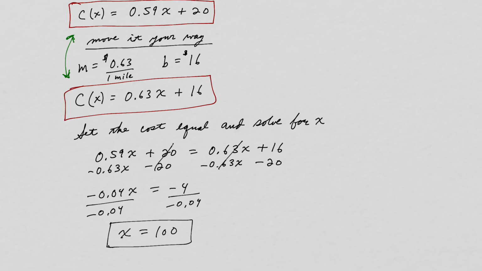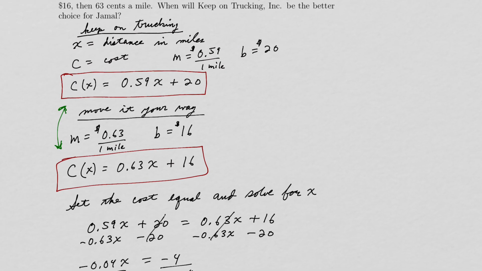Another way of seeing this is to do a little graph. I think this is instructive to see in a graph. So let me draw this out. Let's say my x-axis will be the miles. And then my y-axis will be the cost, C, which is really in units of dollars. And for Keep On Trucking, remember the y-intercept is the initial or starting amount, which is 20.